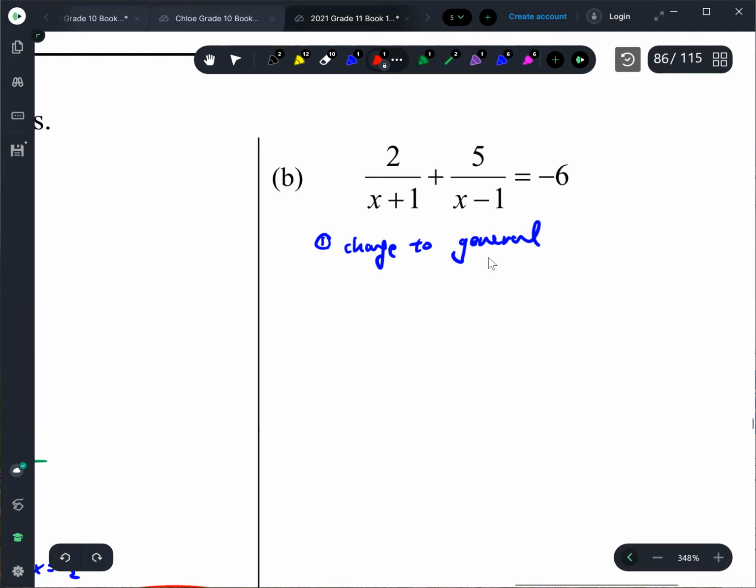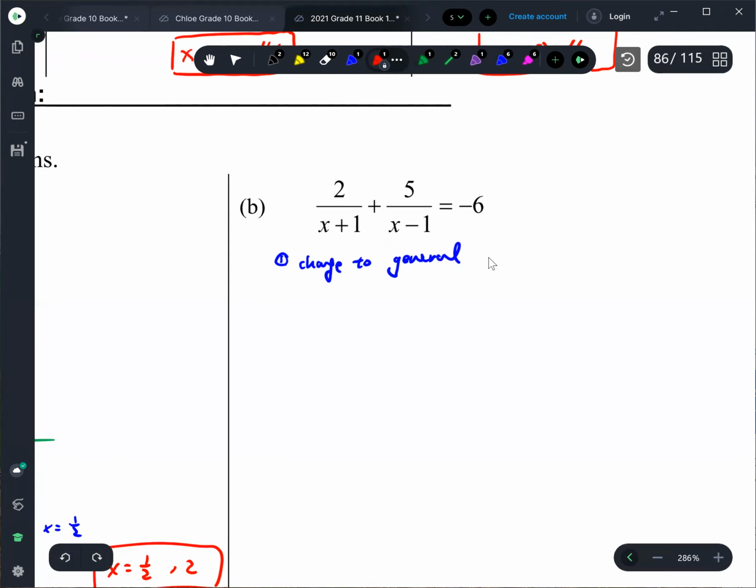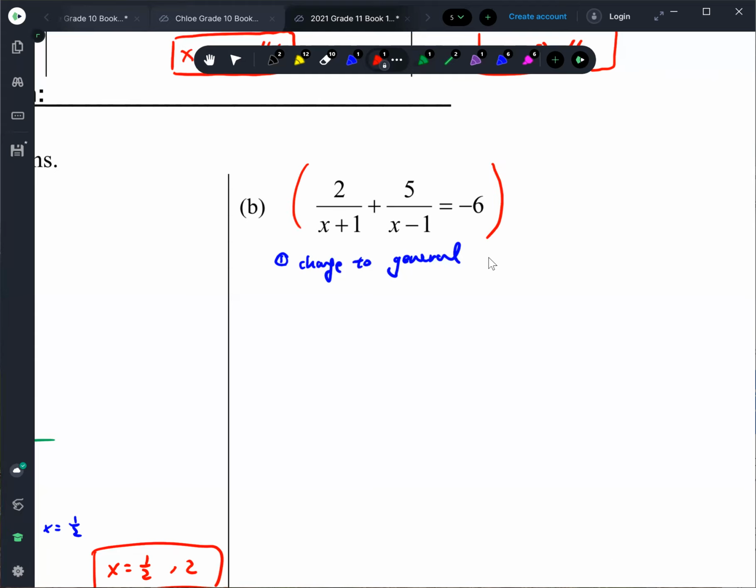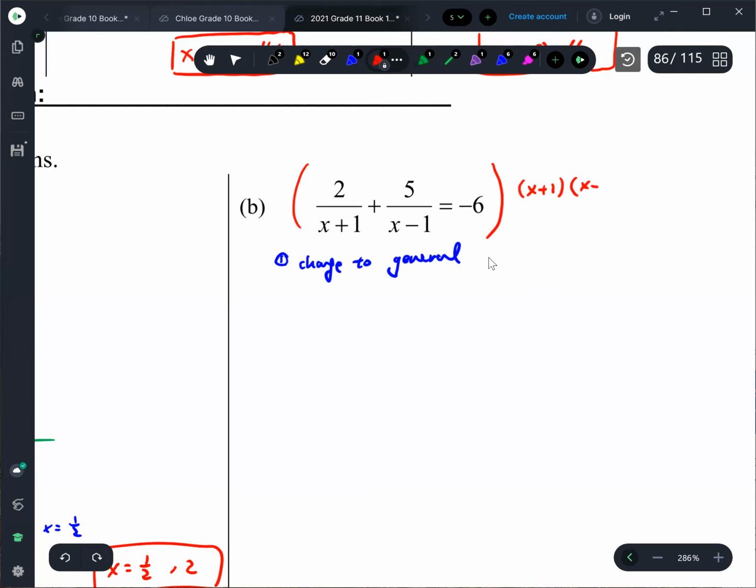You times everything by the greatest common denominator. And what is the common denominator here? x plus 1 and x minus 1. Yes, okay, so you collect each of the denominators, x plus 1, x minus 1, and then on both sides, you will multiply by the common denominator.